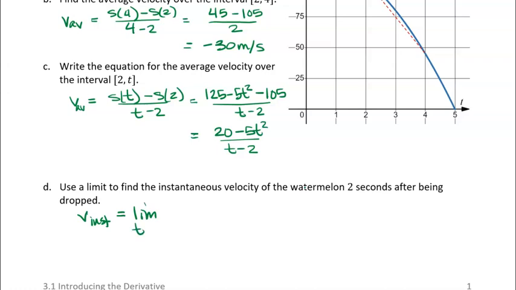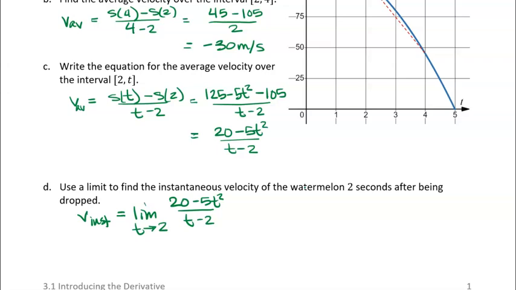We're trying to find the instantaneous velocity at 2. So as t approaches 2, of this, I'll just go ahead and write 20 minus 5t squared over t minus 2.